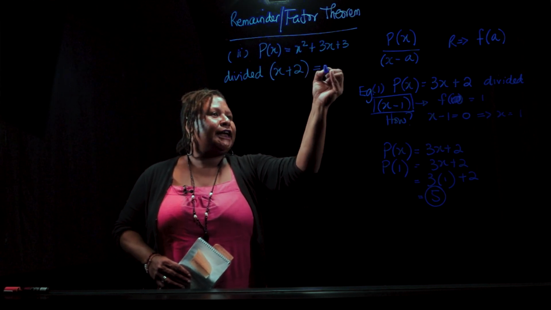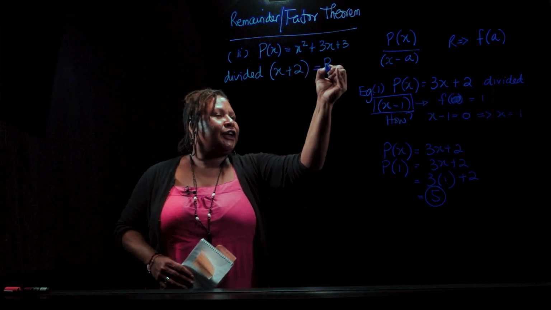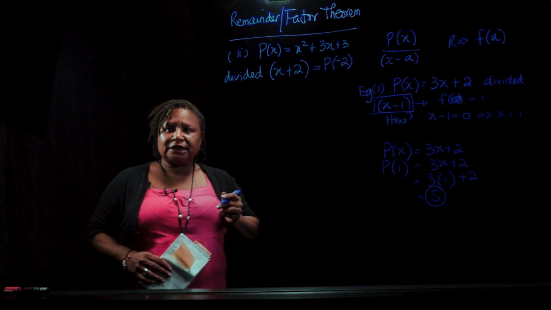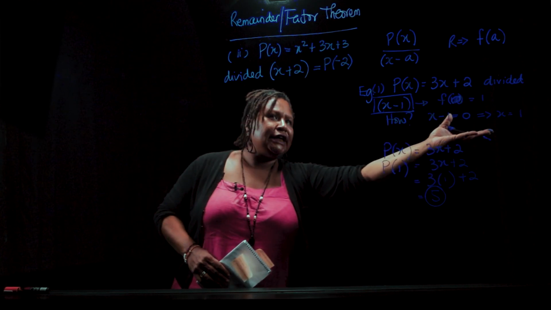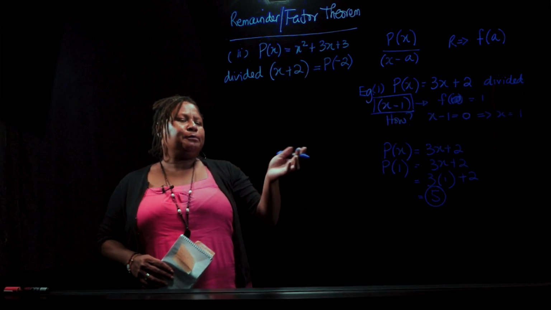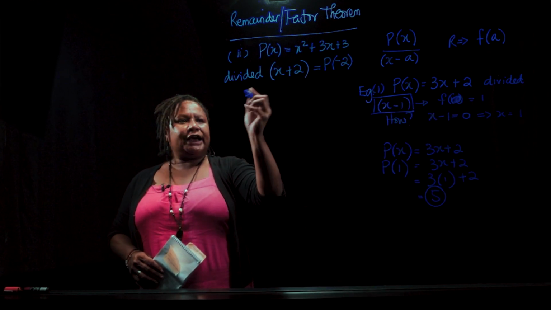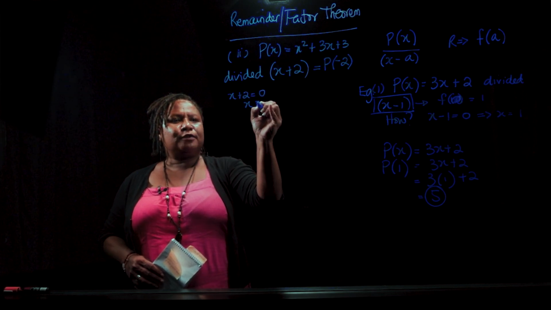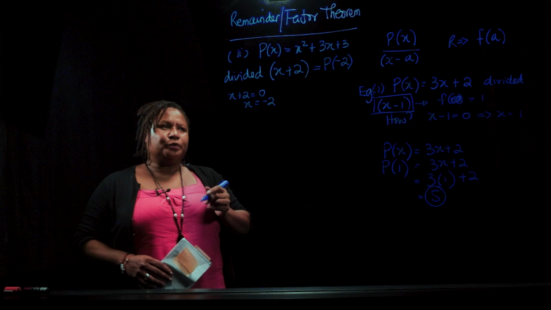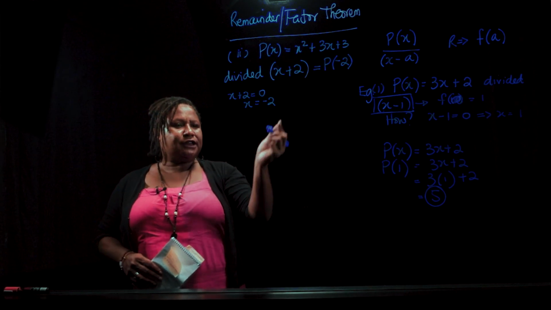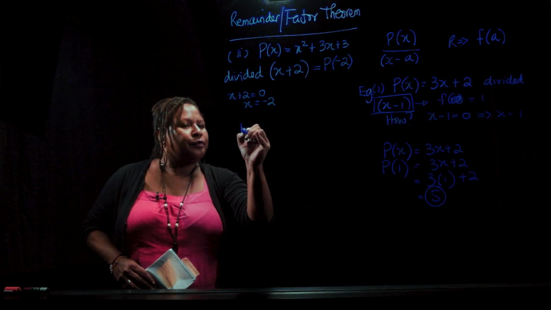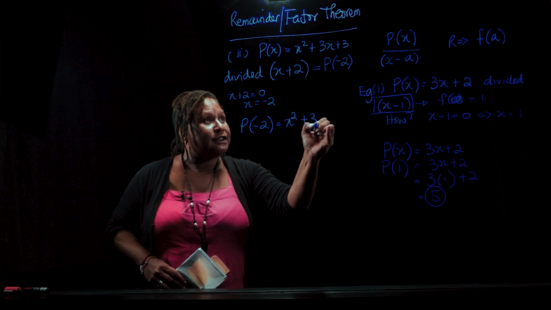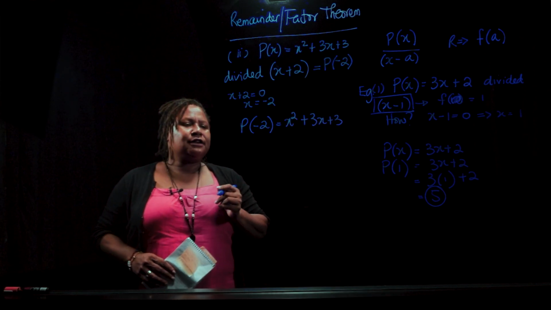We know here that the function of -2 is going to give us the remainder. Remember how we did it here? The same thing applies. If we find the value of x, x plus 2 equal to 0, x is therefore equal to -2. So we find the function of -2, which is x squared plus 3x plus 3.